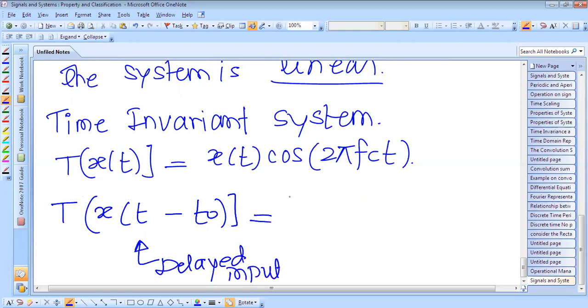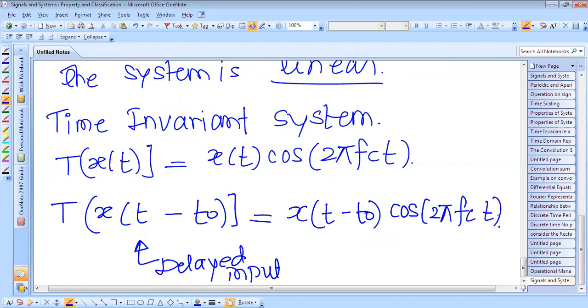Now the output equation can be written like this. Okay, so let us check the output and the input.